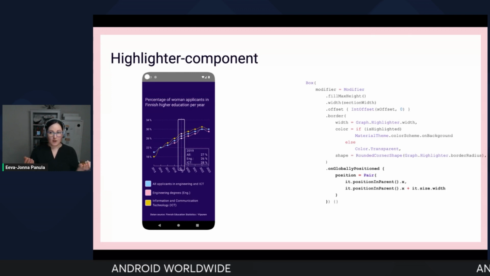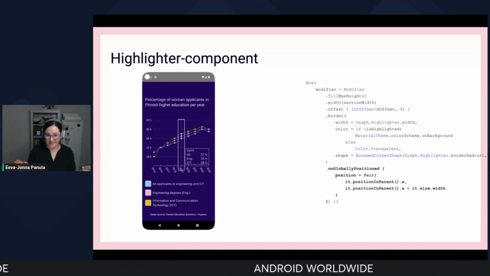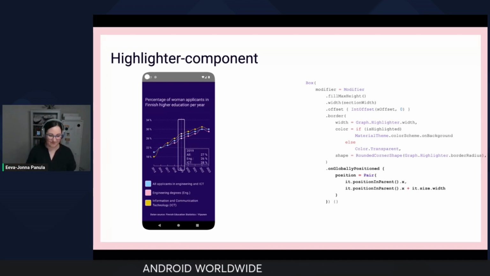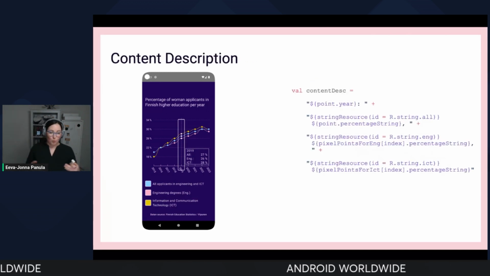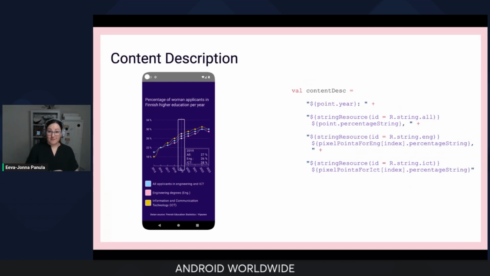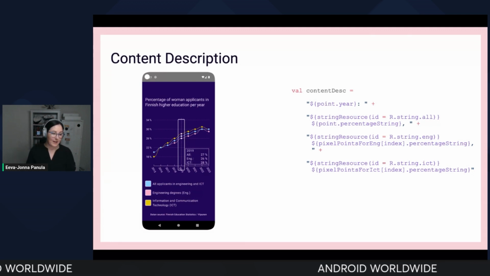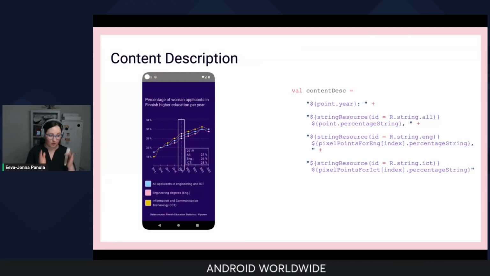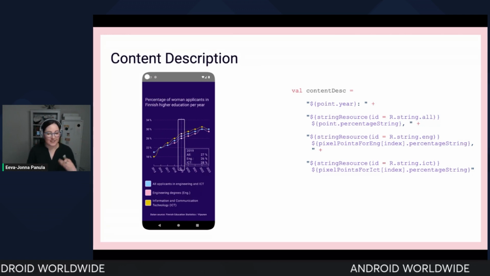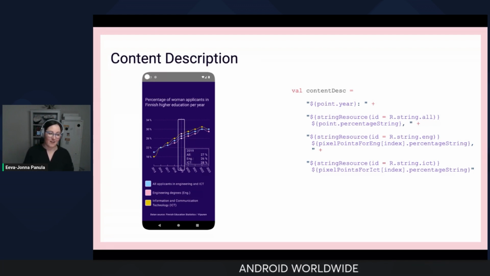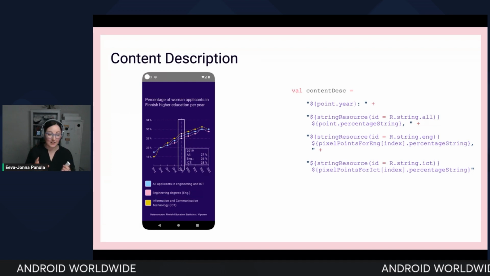Okay. Now we have the highlighter component, and now we just need to add the content description. So now we have a place where we can add it so that it can be added to each year. First, we want to define that content description, and I'm calling it contentDesc here. This is defined for each year highlighter. And here it's basically the same text that is in the bottom right corner label.